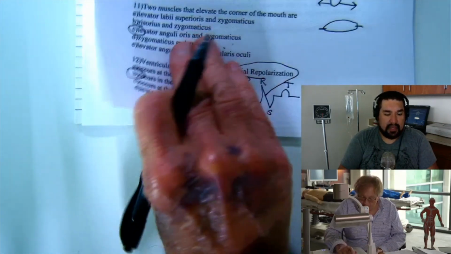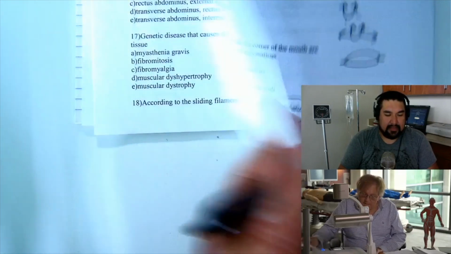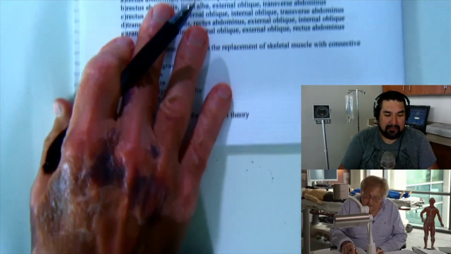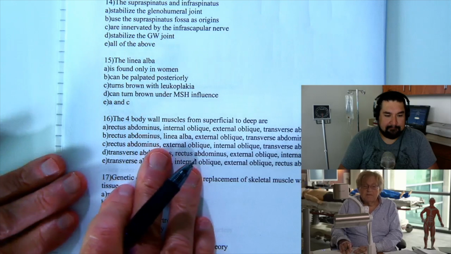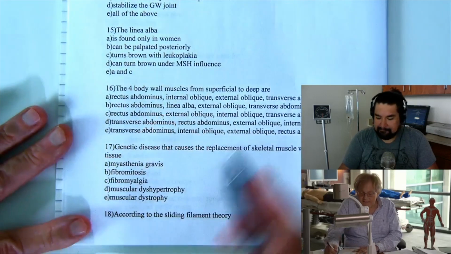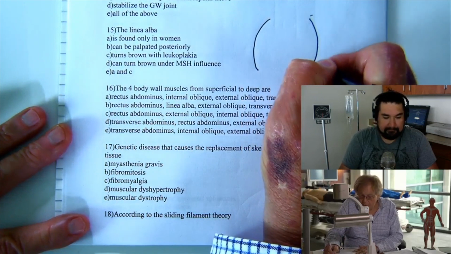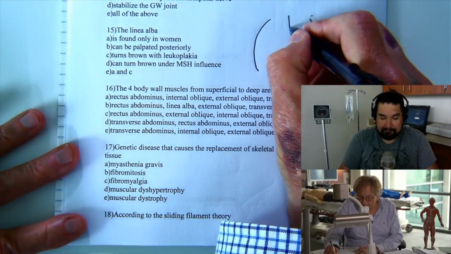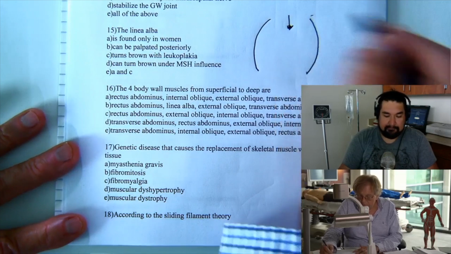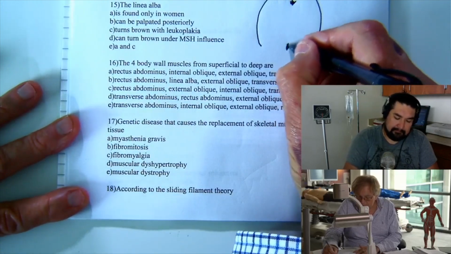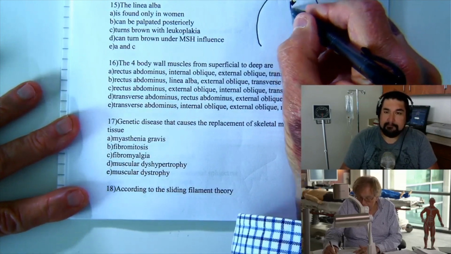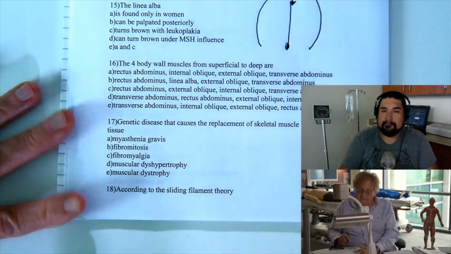Let's take, I was looking ahead, the linea alba. You always think linea alba. Linea alba is basically, if you think here's your abdominal wall, here's your xiphoid process at the base of your sternum, here's your pubic symphysis, here's that aponeurosis called the linea alba that connects the two.